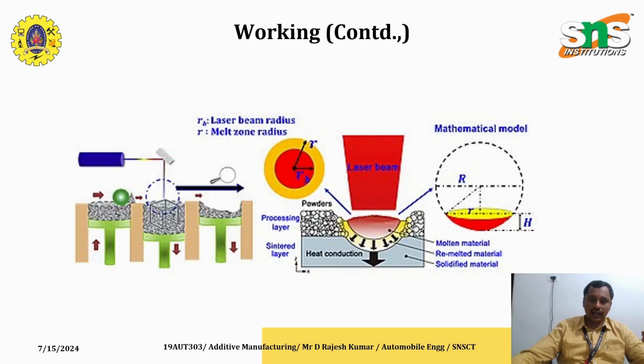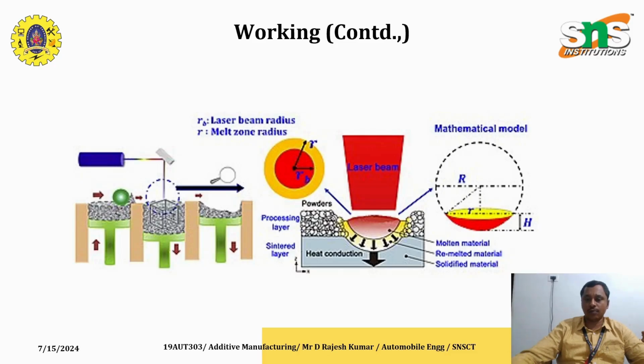So this is how the heat is applied layer by layer by the application of laser. So once the laser beam is focused on the powder, this powder fuses, and it melts, and it bonds with the another layer. So this is how the process is continued.